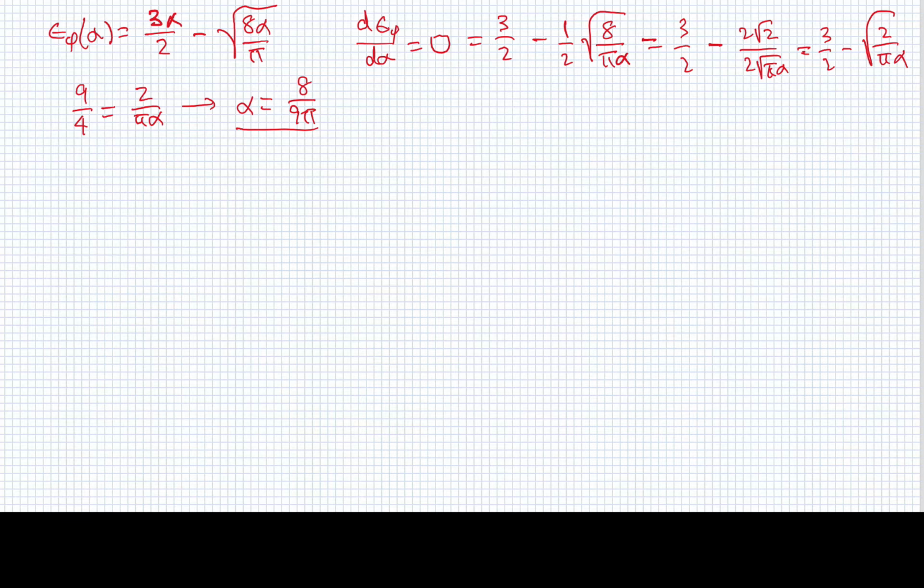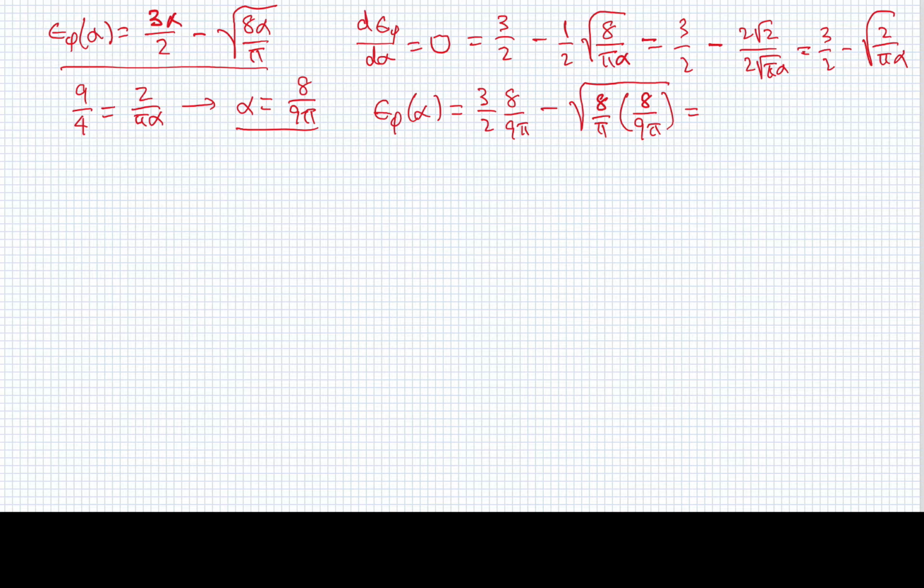When we plug this into our expression for E sub phi of alpha, we will end up with the following. We'll have 3 over 2 times 8 over 9 pi minus the square root of 8 over pi times alpha, which is 8 over 9 pi. And conveniently, this will all come out of the square root eventually.